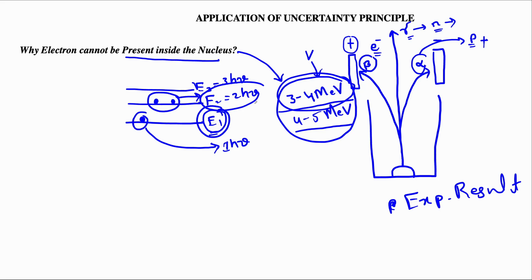Like this, we are trying to find out the energy of an electron to say whether it exists inside the nucleus or outside the nucleus. If that electron has this much energy, that means the electron exists inside the nucleus. If it is not there, then that means it is outside the nucleus.